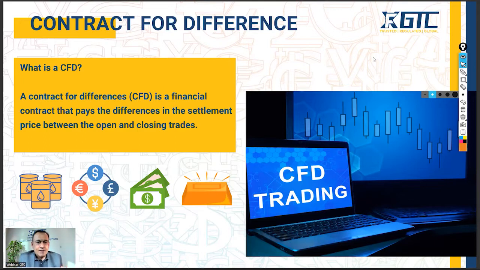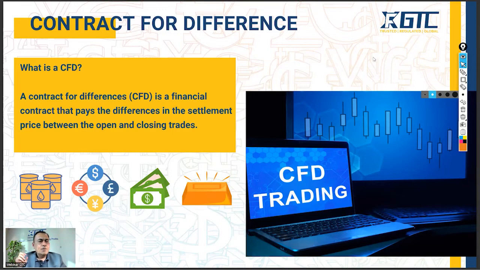It is a virtual contract. It does not mean if you're going to buy any product, any commodity, any currency in your trading account, you will be given the physical delivery of the product. For example, if you're going to buy crude oil, it does not mean that the broker will deliver crude oil in physical form at your doorstep. You are just going to trade on the basis of the direction of the market.